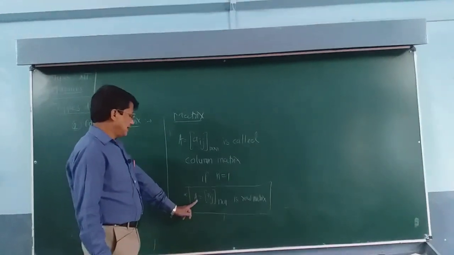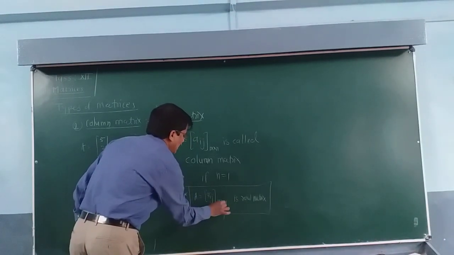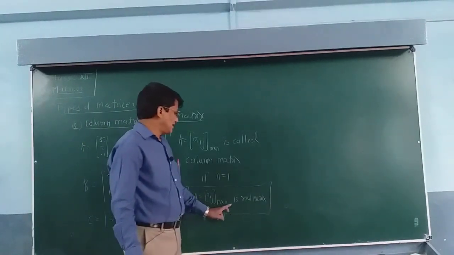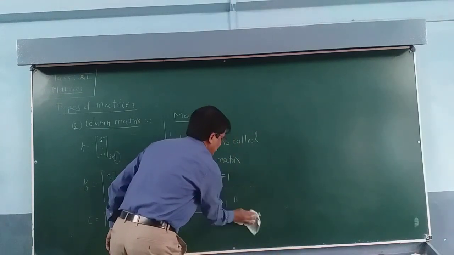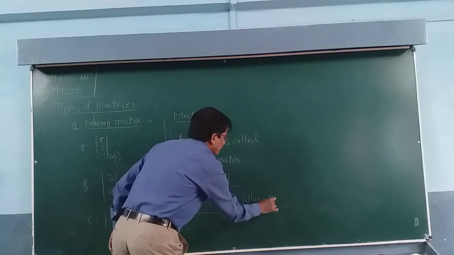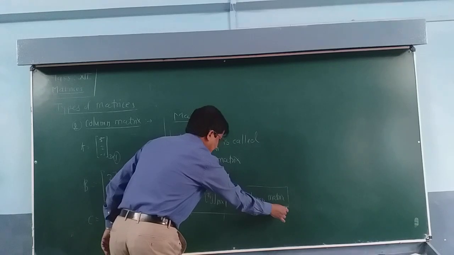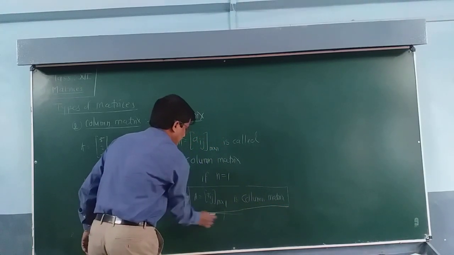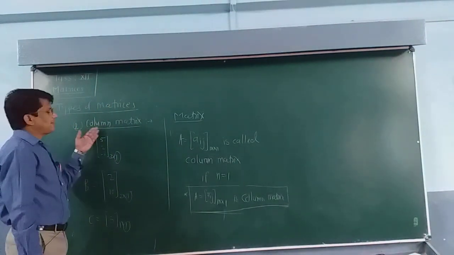Thus A equal to Aij, the order must be M by 1. This condition is important. A equal to Aij, M by 1, is a column matrix. Okay, this is the second type of matrix.